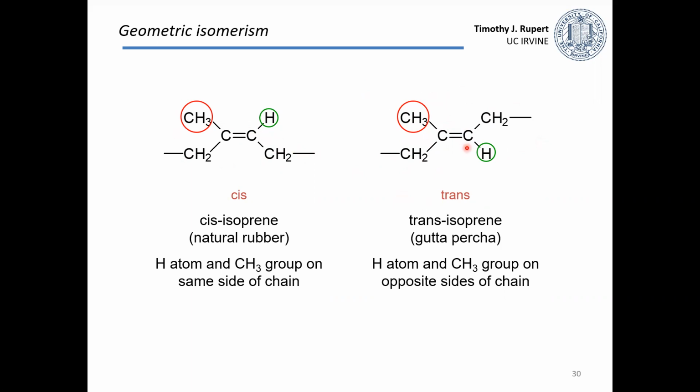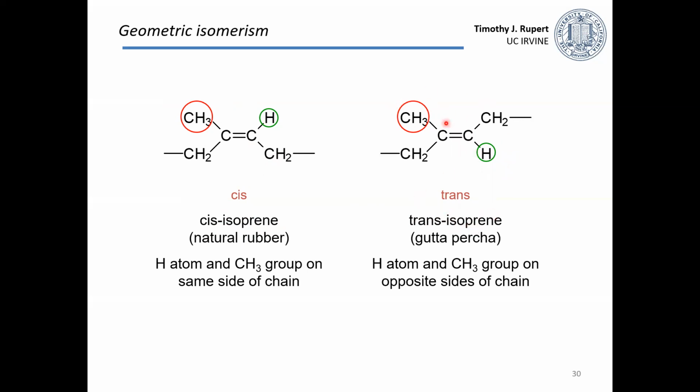The only difference is that the CH3 and the H are positioned differently with respect to each other. So in this left case, they're on the same side. And this is what's called cis isoprene, okay? On the right side, the CH3 and the hydrogen atom are on the opposite side. This is called trans isoprene, okay?